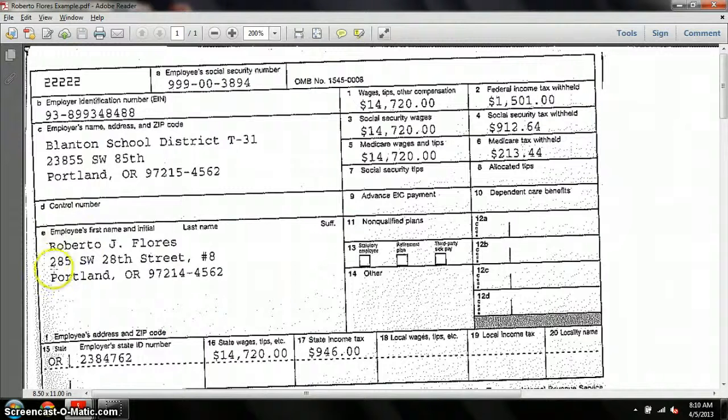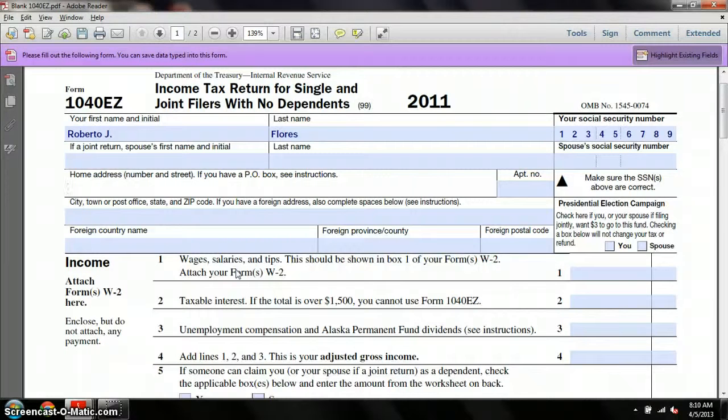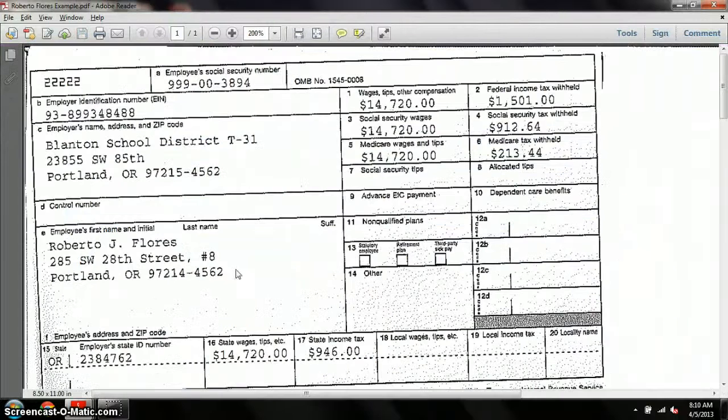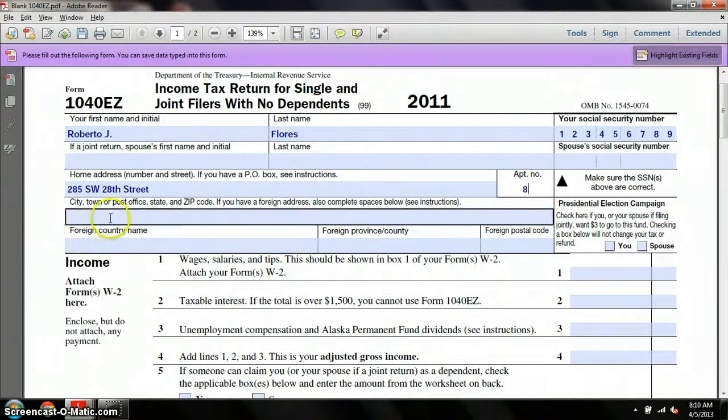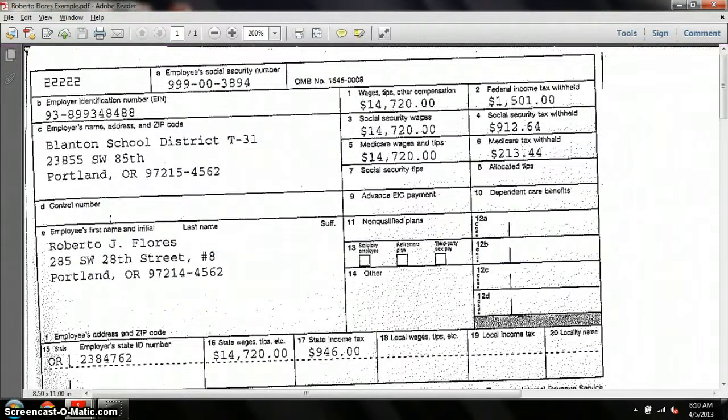Now let's pull his address, 285 Southwest 28th Street. Looks like apartment number 8. So type in 285 Southwest 28th Street, apartment number 8. His city, state, and zip, once again, is on your W-2 form. Here you can see it's Portland, Oregon.